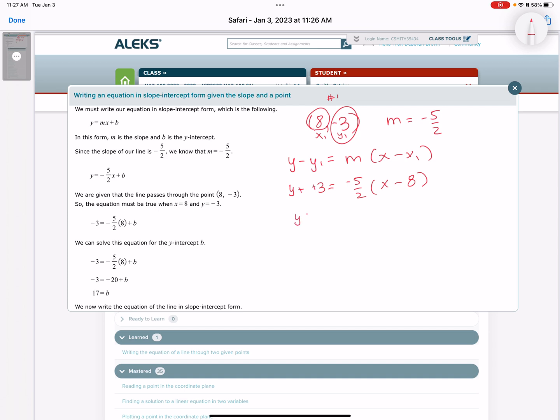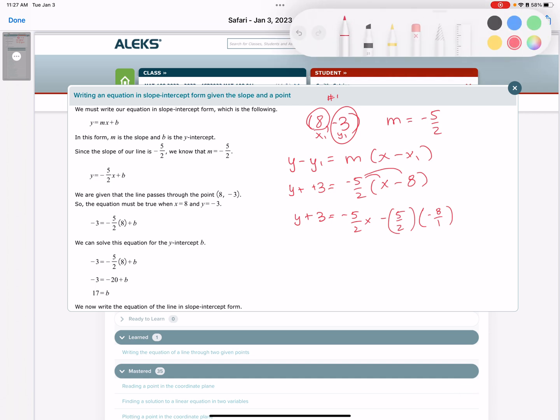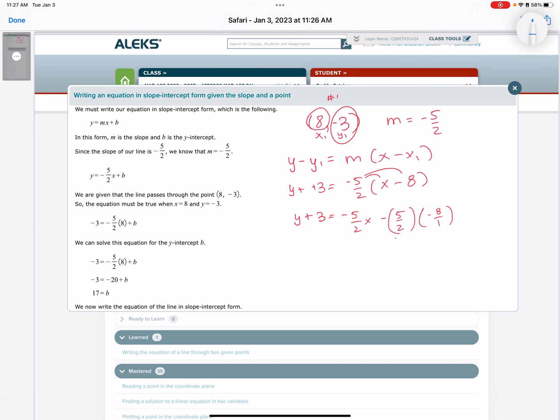I get y plus 3 is equal to, I'm going to distribute, so -5/2x, and then this is going to be -5/2 times -8. I'm going to put that over 1 because it becomes a little easier to solve. So I'm going to cross this out and make this a -4, -8 divided by 2.